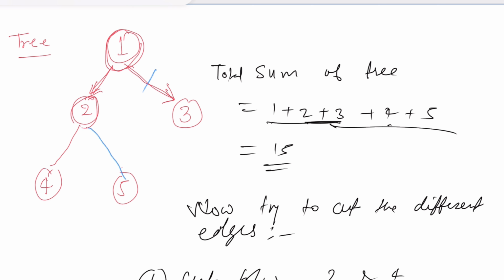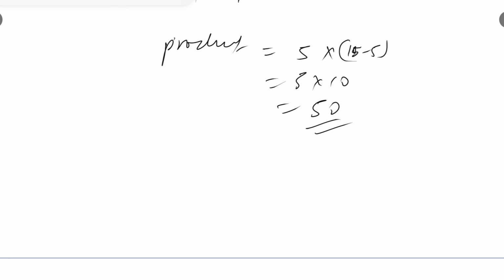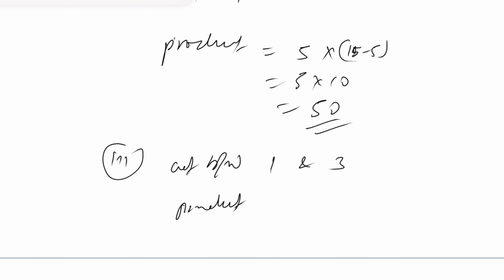Similarly, it will continue, cutting this one. Keep looking at that. If we cut between 1 and 3, and you want the product, then 3 into 15 minus 3, equal to 3 into 12, equal to 36.